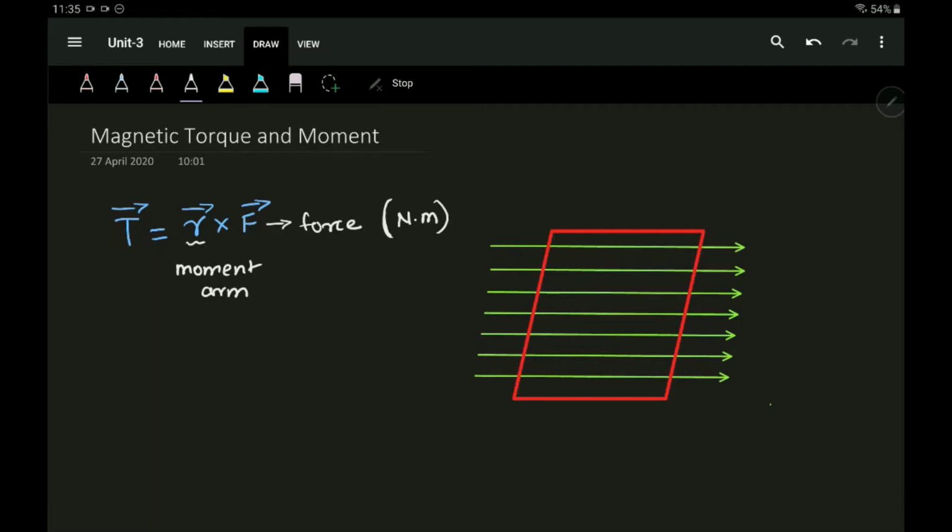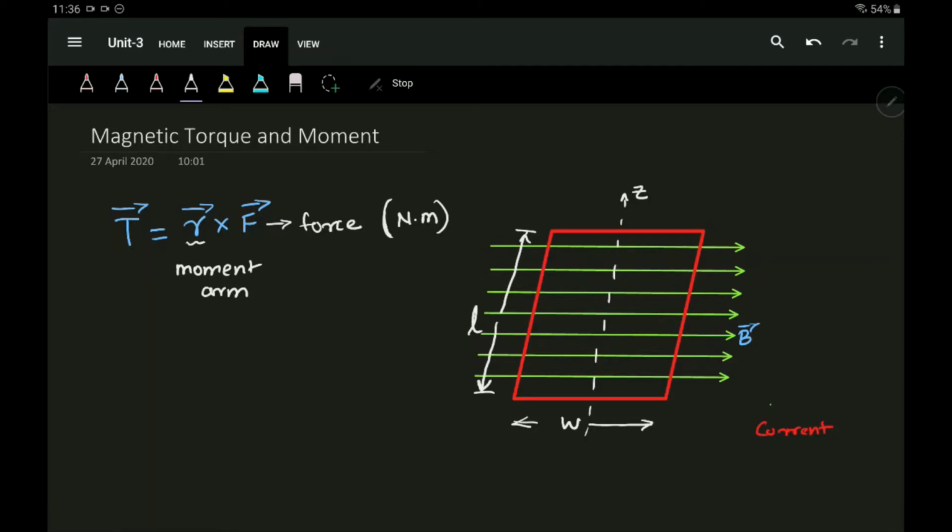To help you understand this, let us consider a current loop. The red one is the current loop placed in a uniform magnetic field B. I have placed it in such a manner that the axis of my current loop is along the z axis.